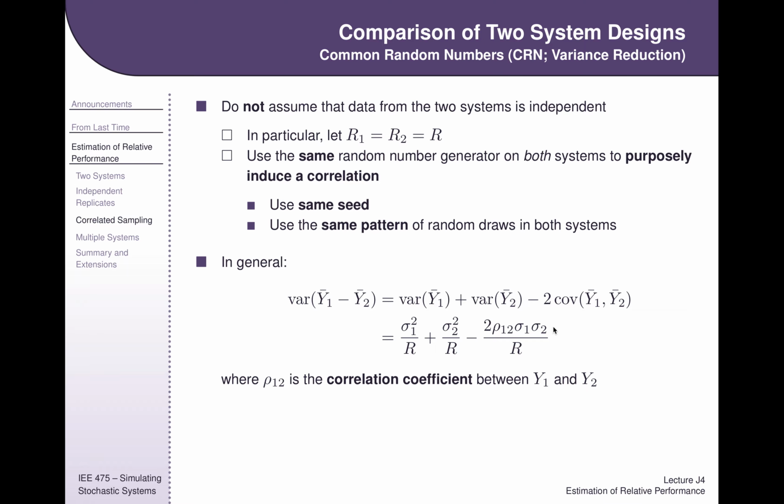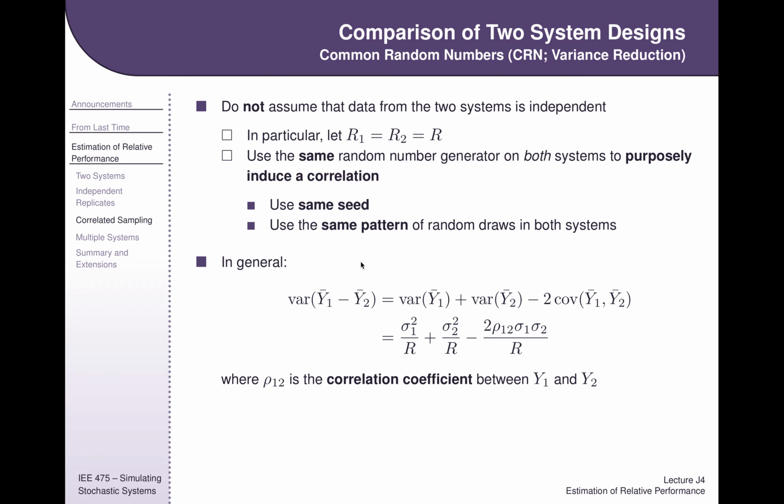And so this is the formula for covariance, and so this is the correlation here. If the correlation here is positive, then instead of the independent case, where it's just the sum of the two variances, we subtract a little bit. So we're going to actually be able to reduce the variance in this.